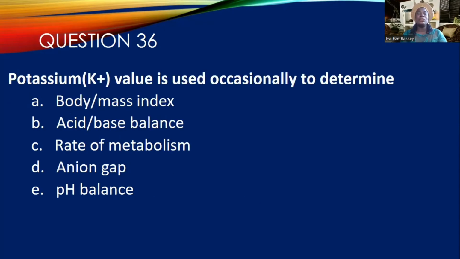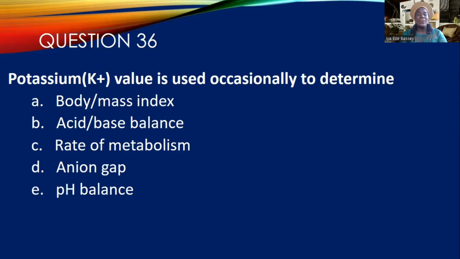Potassium value is used occasionally to determine what? Body mass index? I guess you know the formula for body mass index. I think it's weight in kilograms over the square of height in meters. Then acid-base balance, no. Rate of metabolism, no. Anion gap, yes.